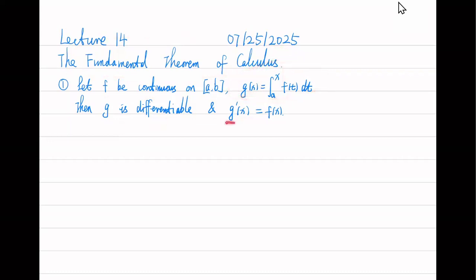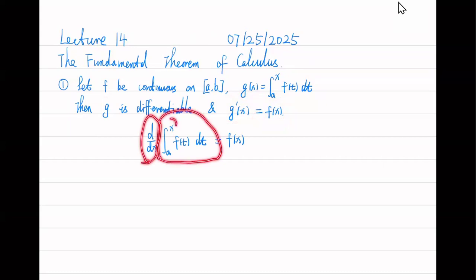So we can rewrite this as the derivative of the definite integral with varying upper bound recovers the function. So in this sense, the integral and the derivative, they cancel each other.